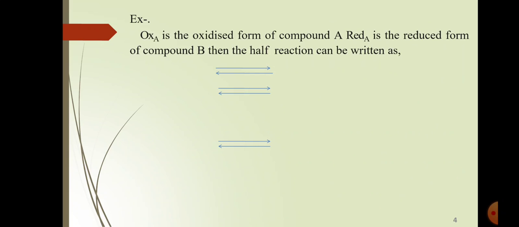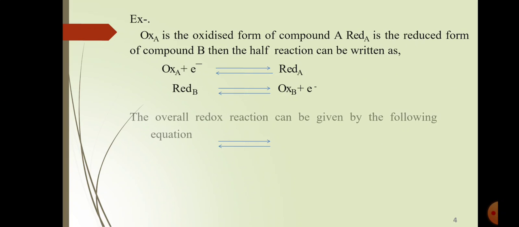OXA is the oxidized form of compound A. Red A is the reduced form of compound B. Then the half reaction can be written as OXA plus electron reversible reaction red A. Next, red B reversible reaction OXB plus electron.